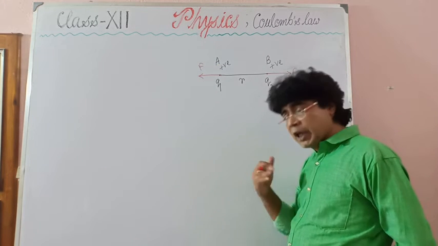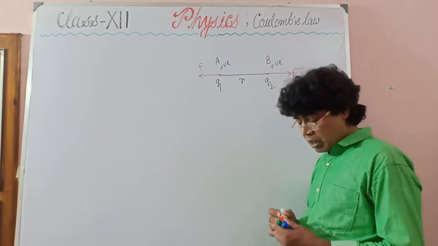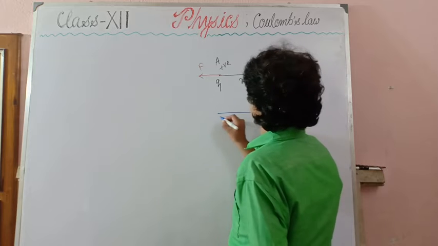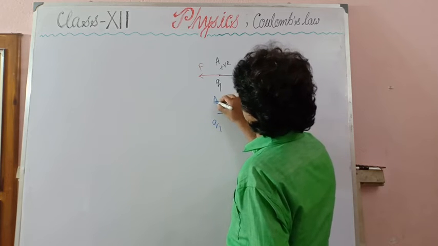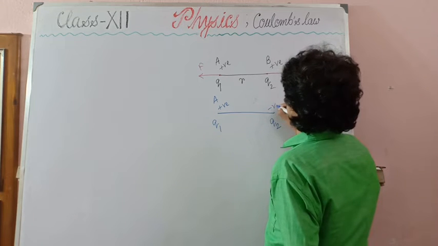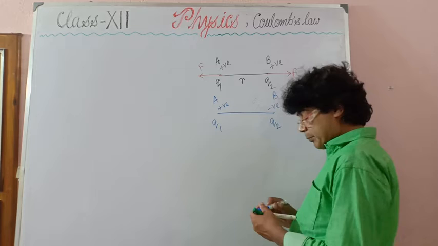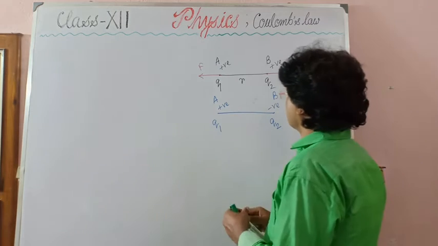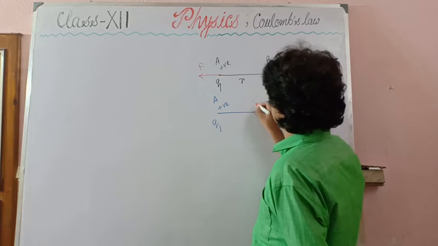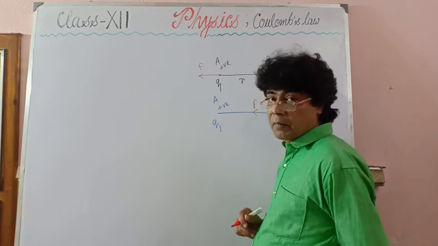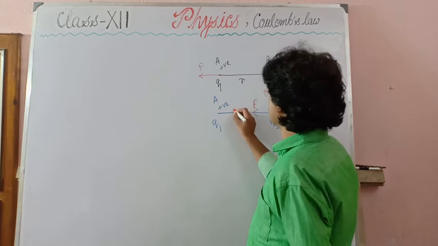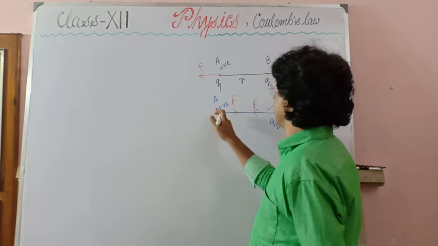If Q1 and Q2 have opposite sign, suppose Q1 is positive and Q2 is negative, then Q1 attracts Q2 along BA and Q2 attracts Q1 along AB.